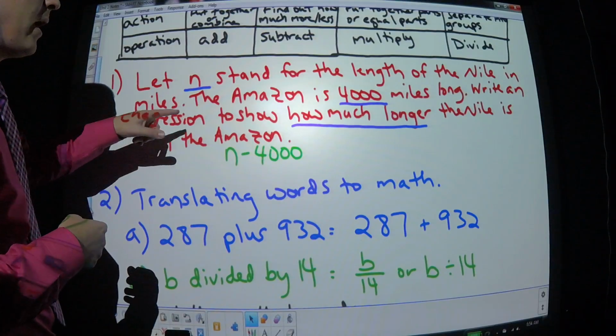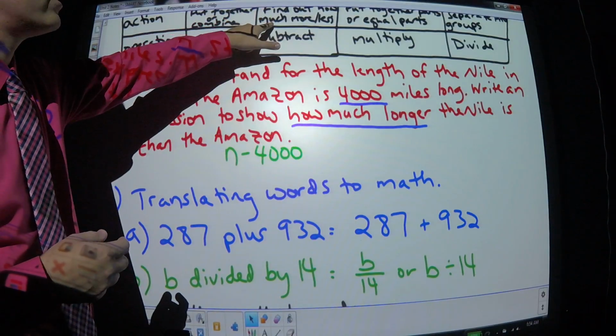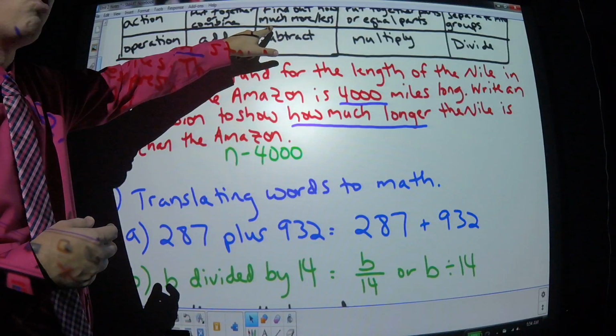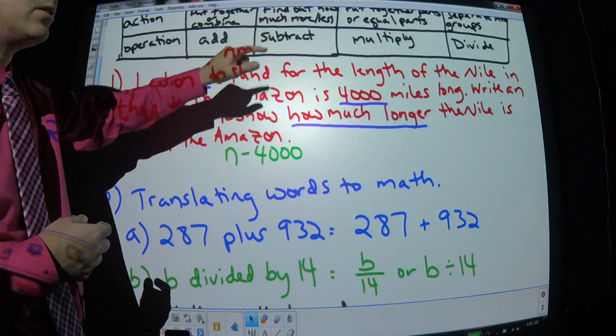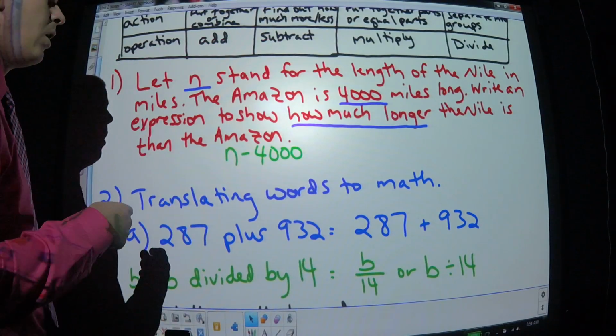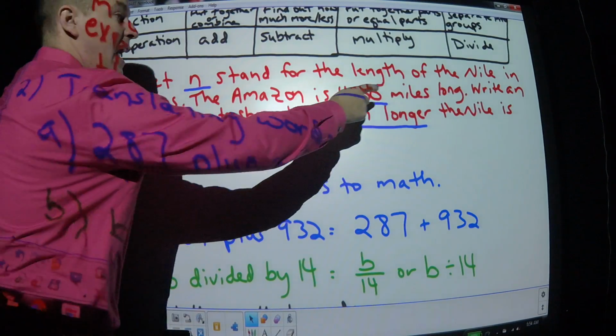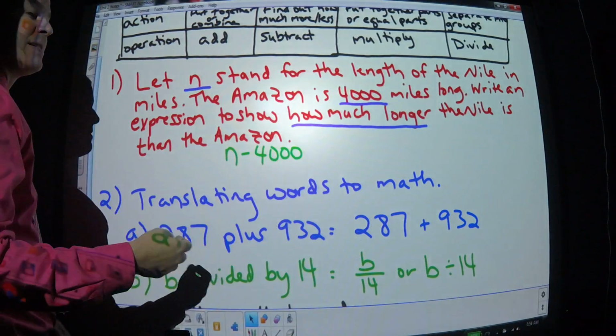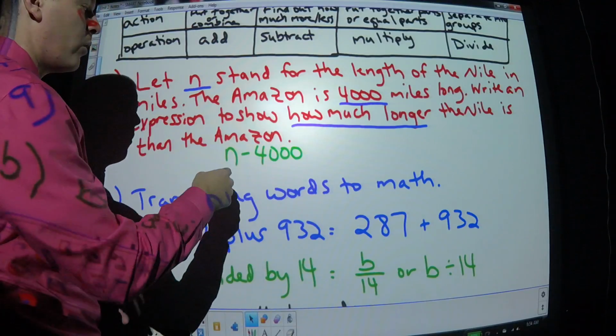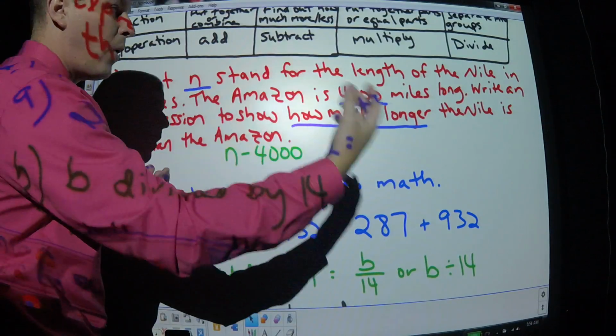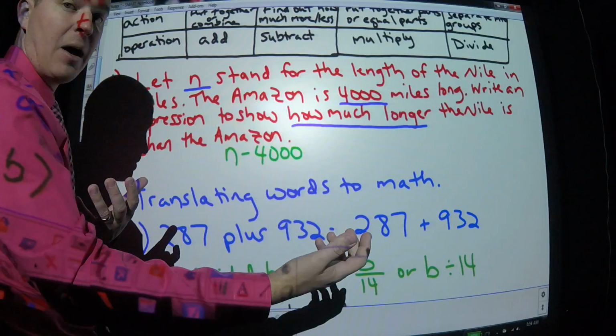Okay? So how much longer is similar to how much more, so then it's subtraction. Well, we want to know how much longer the Nile is than the Amazon, which means that the Nile is longer. So therefore we're going to be taking away from the Nile to find out how much longer it is.